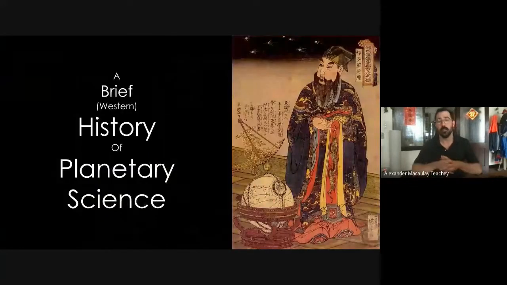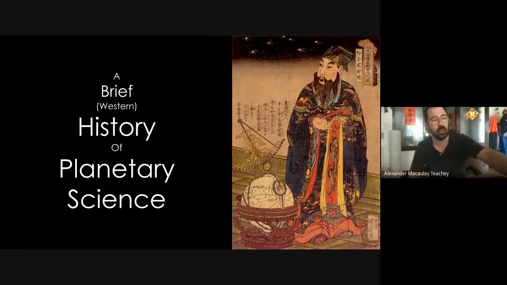So with all that out of the way, let me go through a brief history of planetary science. And I have put in here Western history of science because, frankly, that's what I'm most familiar with. It should be quite obvious to all of us at this point that astronomy is a very ancient tradition that has been shared by cultures all around the world.